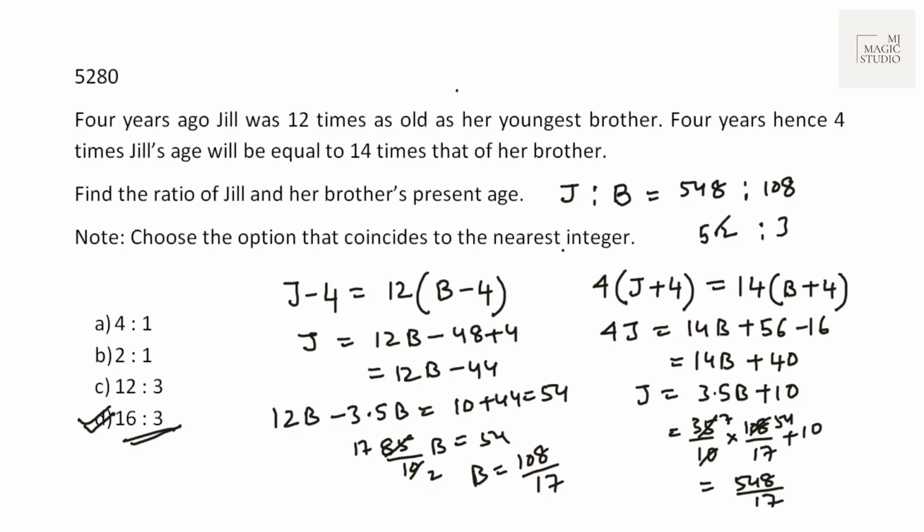It will fit. 16 is to 3 would be the nearest integer which will fit in this case. Most precisely, when I divide this by 36, it's coming at 15.22. So it's nearly 16 is to 3.